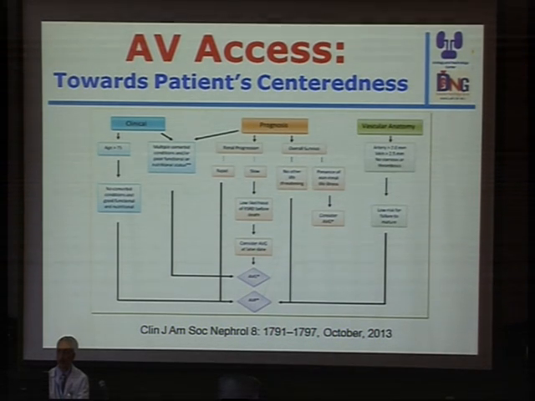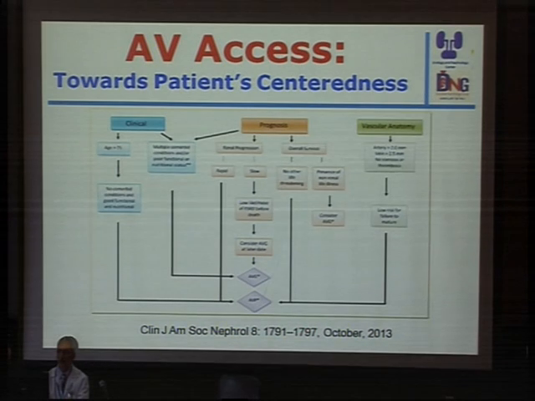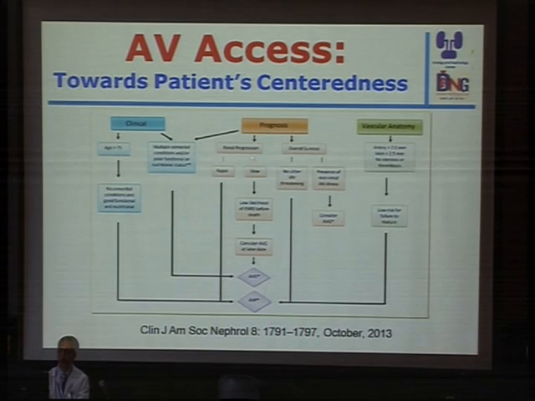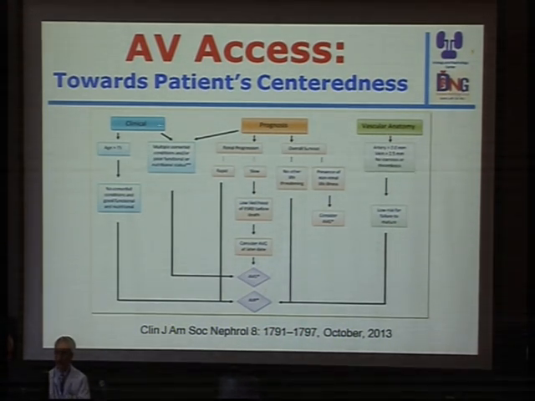When we have pre-dialysis care and follow-up of this patient, we should determine the proper time for advising a fistula. According to this publication, we should put all these things together: clinical parameters, prognosis from the renal and patient perspectives, and vascular anatomy.